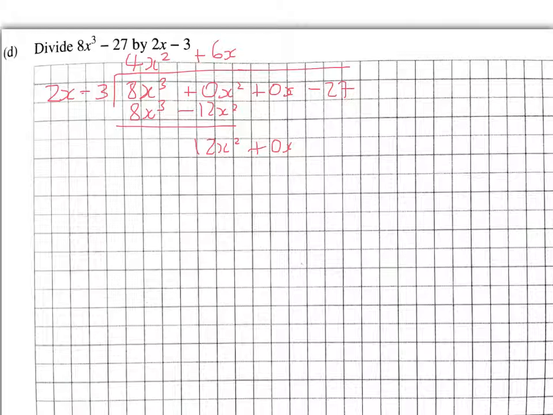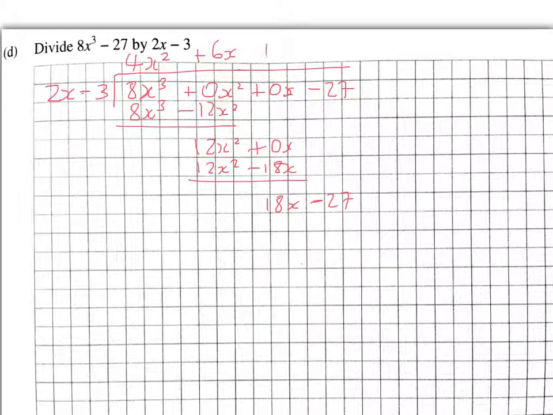And 6x multiplied by 2x minus 3 is 12x squared minus 18x. Do a subtraction of those two statements. I get positive 18x. Bring down the minus 27. What do I multiply by 2x minus 3 to get 18x minus 27?